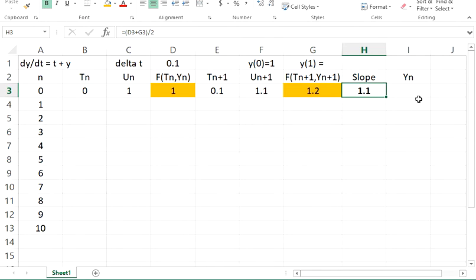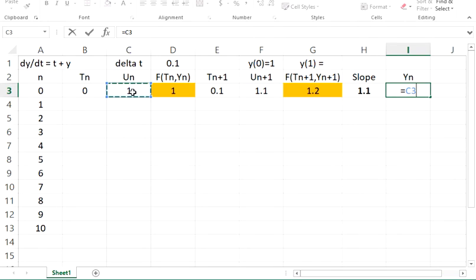Now we want to find y sub n using Euler's method, and y sub n, or y1, is equal to my y naught, which was u naught as well, plus this slope times my step size, and the step size is 0.1. And I fix that reference. So my prediction for y1 is 1.11.